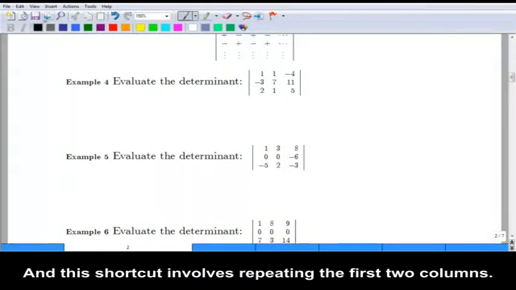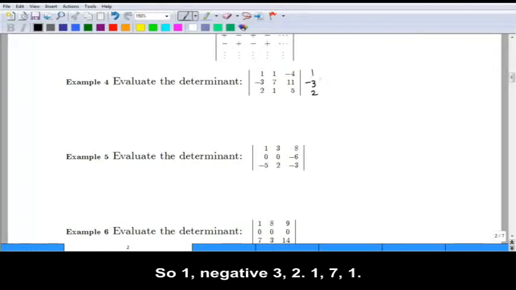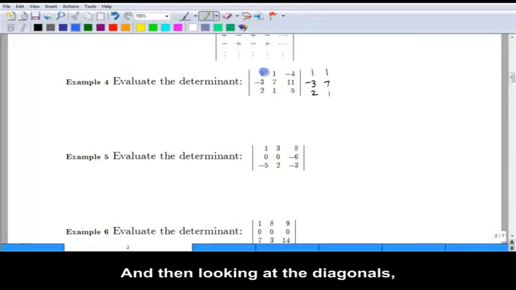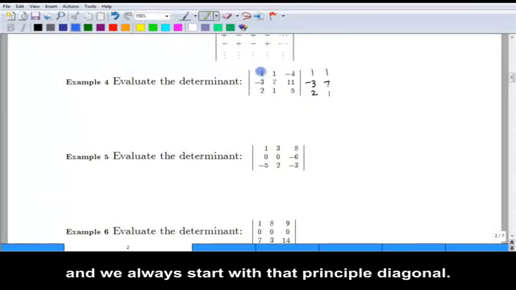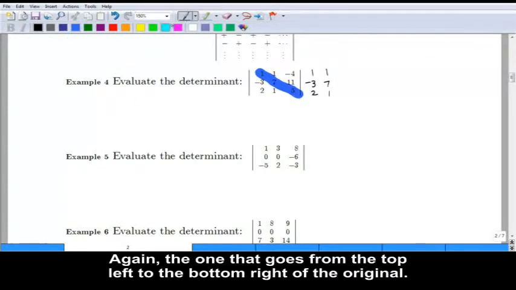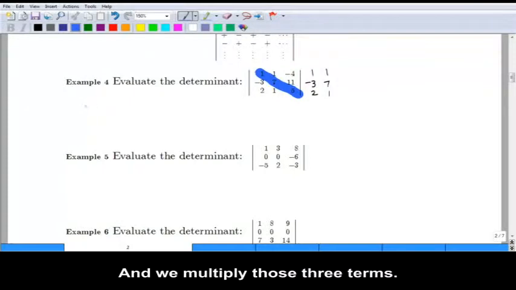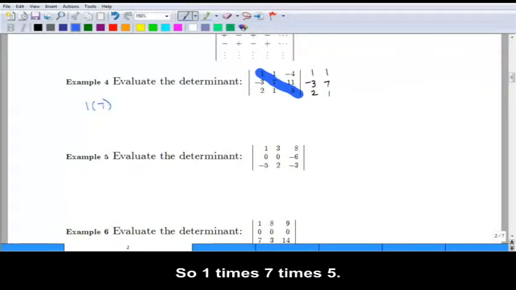And this shortcut involves repeating the first two columns, so 1, -3, 2, 1, 7, 1, and then looking at the diagonals. And we always start with that principal diagonal, again the one that goes from the top left to the bottom right of the original, and we multiply those three terms, so 1 times 7 times 5.